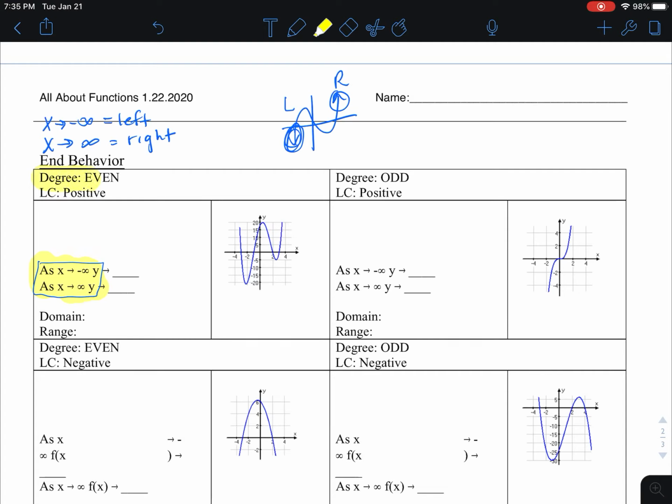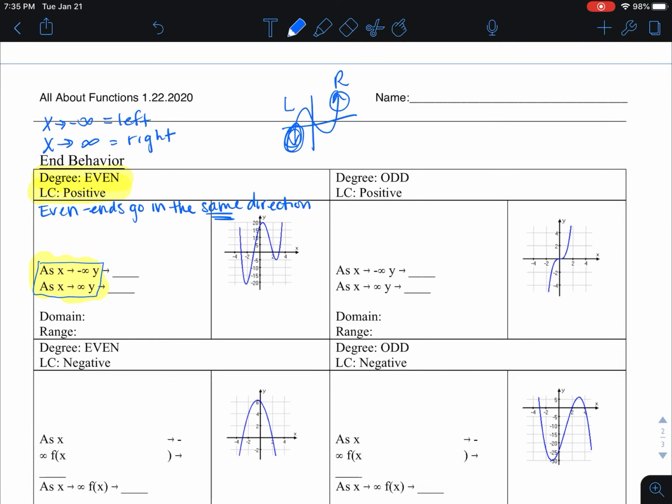Degree is even, and we have a positive LC, which is the leading coefficient. When you have an even degree and a positive leading coefficient, even degree means that your ends go in the same direction.